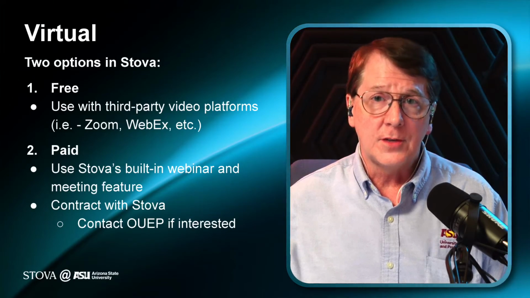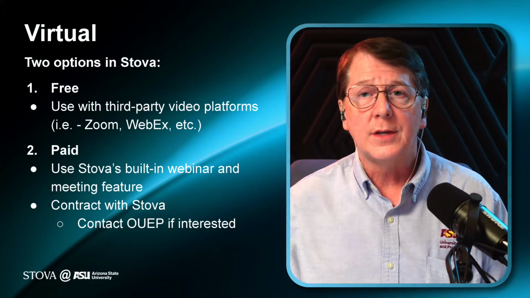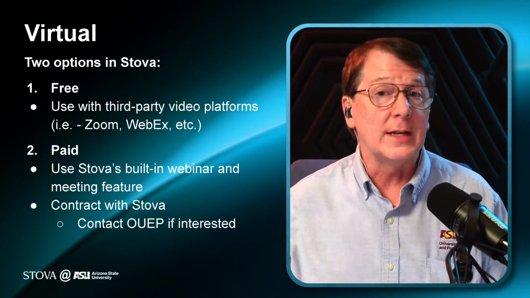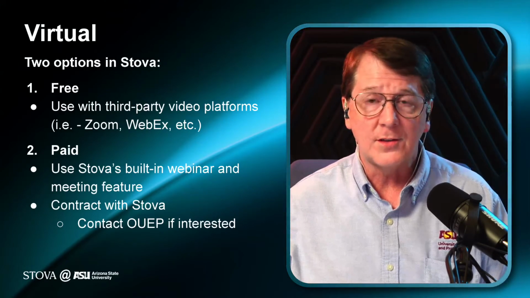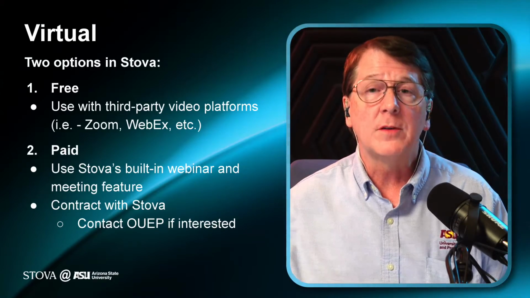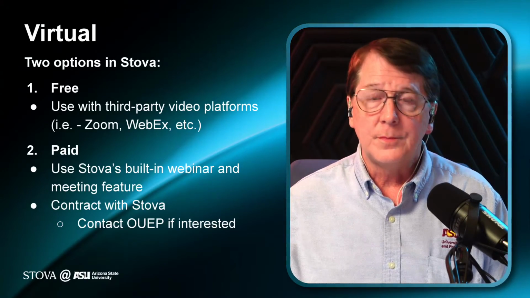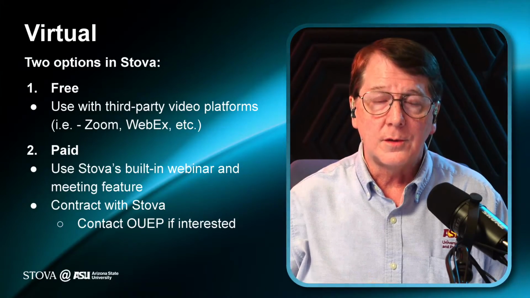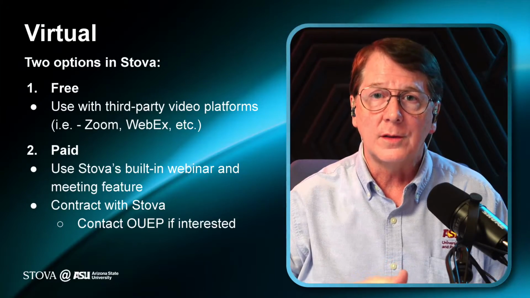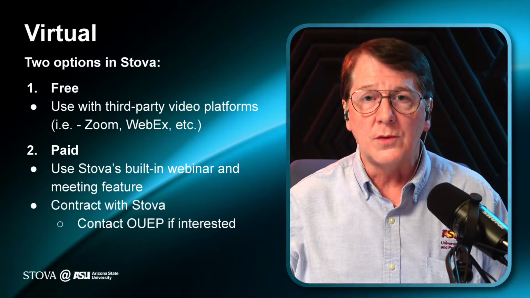If you're interested in those features, contact us and we will put you in touch with our account manager to get the ball rolling. We have a process in place where you basically are creating a contract, or a statement of work, with Stova, and then we contact procurement to get all the paperwork done, all the process expedited for you, and then you're able to use the system.